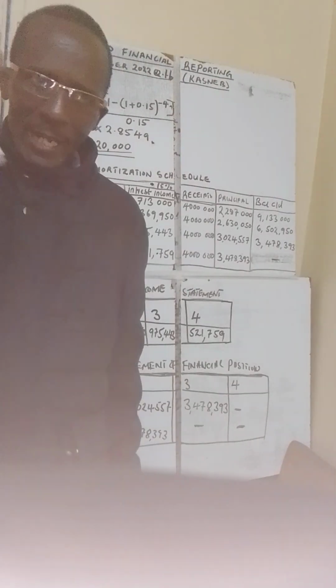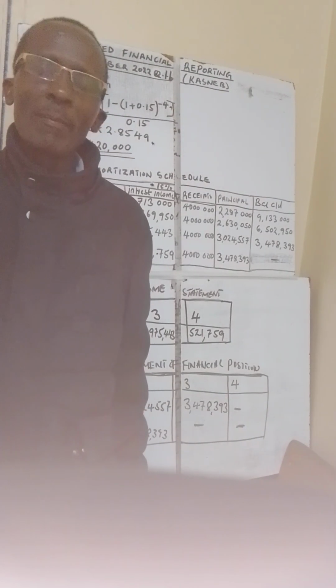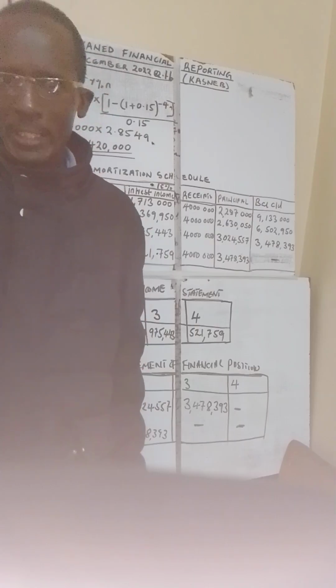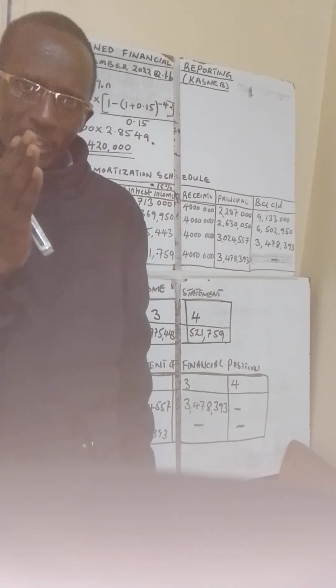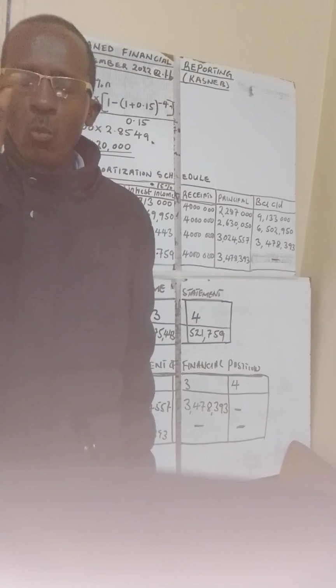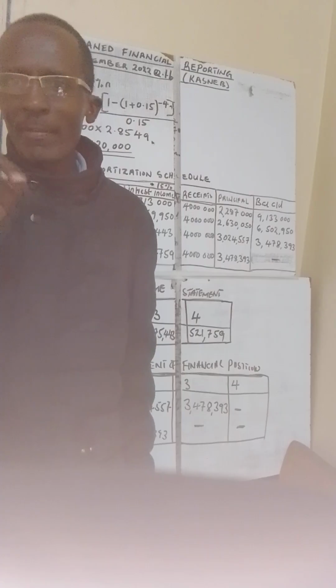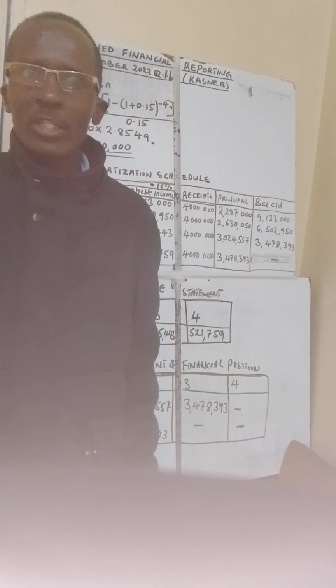I believe you know the formula for calculating the present value of those annuities. You just take the annuity, that is the figure which is being paid. For example, if you are paying that thousand, that thousand, that thousand, you take that thousand, you multiply by 1 minus, into brackets, 1 plus r raised to negative n, divided by r. That is ordinary annuity.